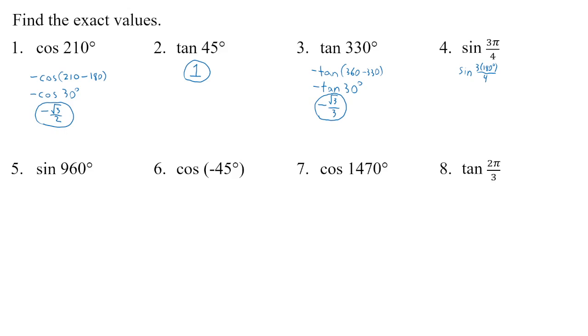Isn't pi 3.14? Well, yeah, pi itself equals 3.14, but pi radians, or 3.14 radians, equals 180 degrees. So we got 3 times 180 degrees divided by 4, and that will be 135 degrees.